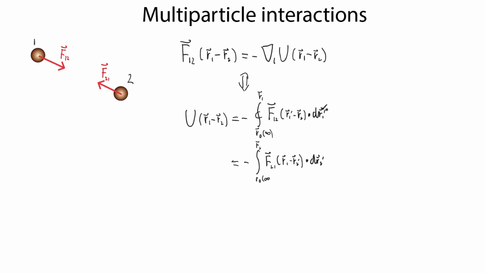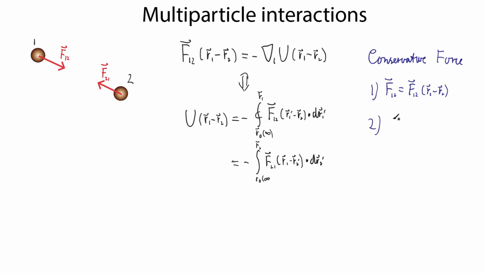Okay. So if we've done this, it turns out that now we can come up with a slightly different definition for conservative force compared to what we had before. So we still have two conditions. The first one now is that the force between the two particles depends only on position, but the position of both particles.